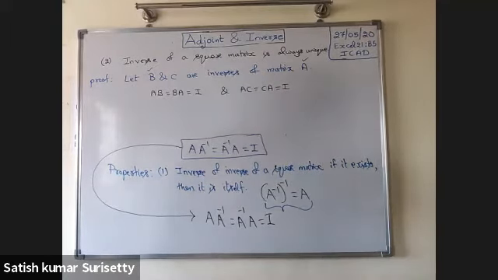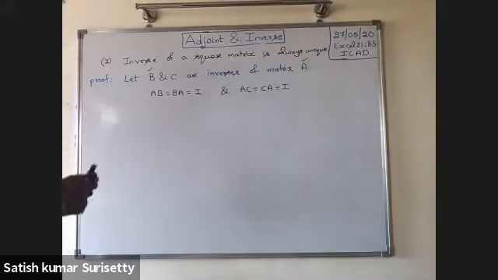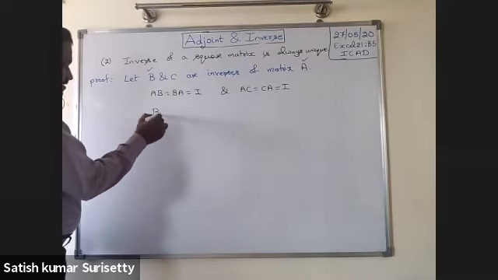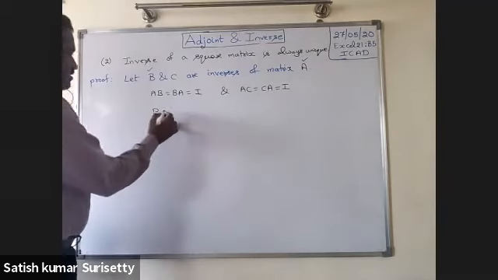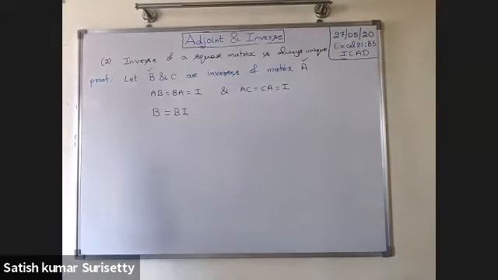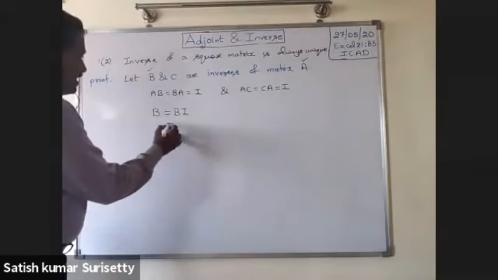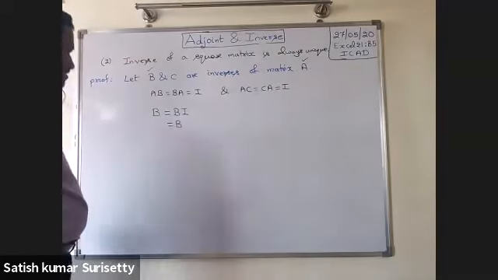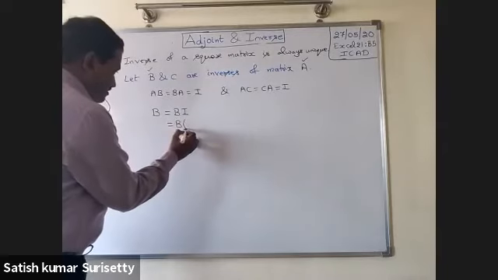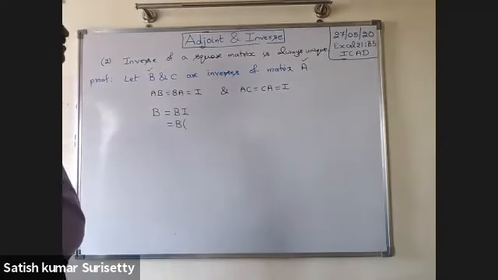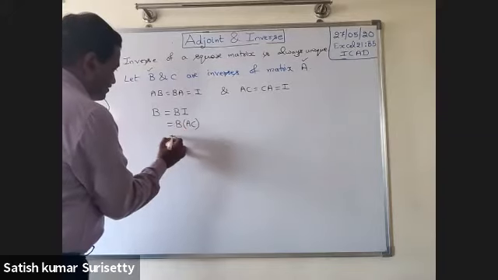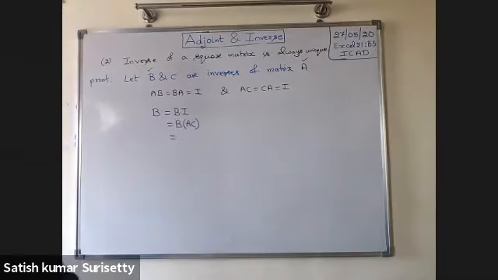How to prove? Because we need to prove B equal to C, let us take B. Now, can I write B equal to B into I? Yes. Now replace I with AC, because AC equal to I.